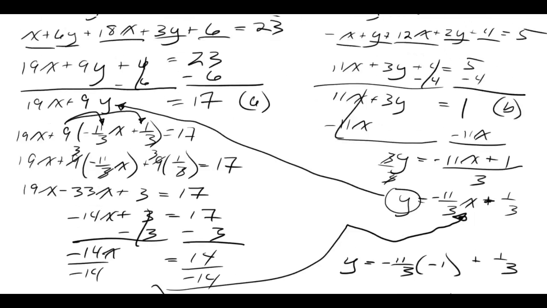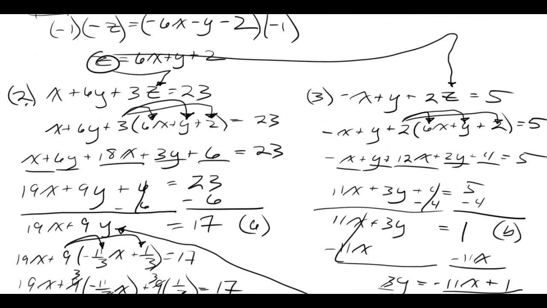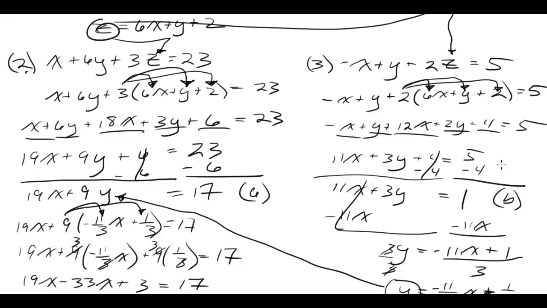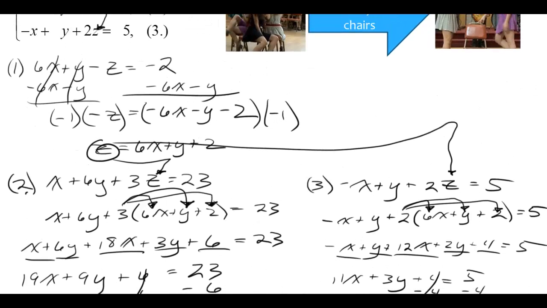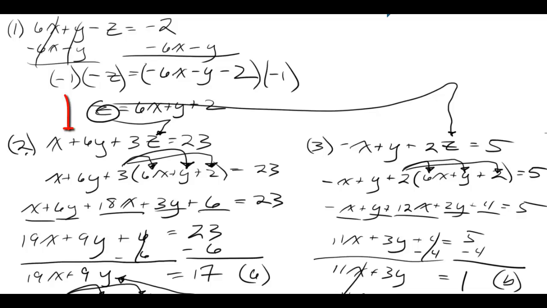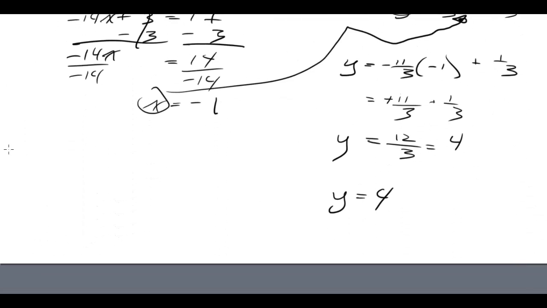All right. Let's go back and where's our z? Z is in here somewhere. Yes, z equals 6x plus y plus 2. Okay.